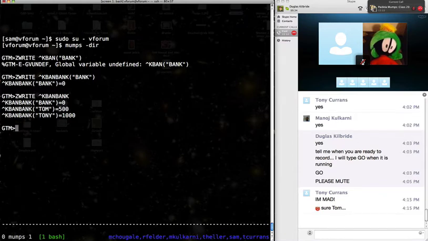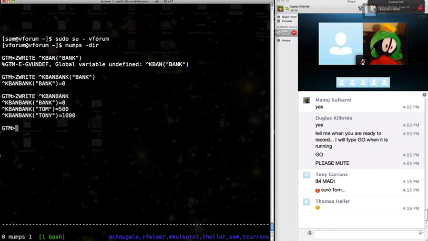Essentially here we pulled the plug and Tony didn't get his money, and that's a problem. The bank is like, Tom, you paid it, but Tony didn't get it. Why is that?